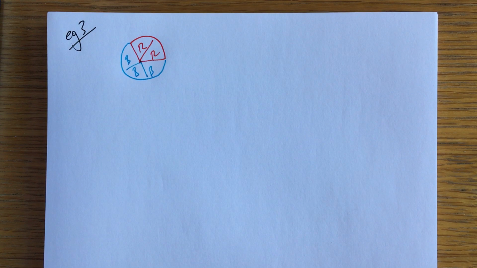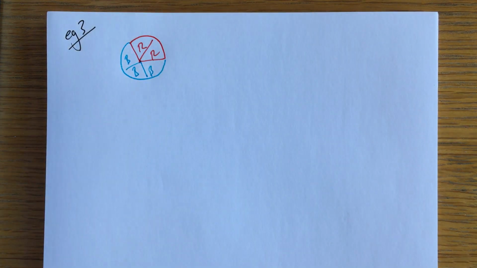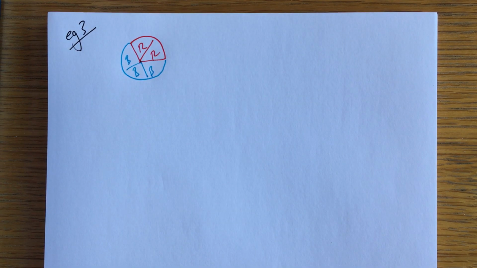So although it doesn't state it, the implication in this question is that all 3 of these are equal size. So we do have to assume that in this case, otherwise it wouldn't be possible to do this question. So find the probability distribution of the random variable s, the number of times the spinner is spun. So this wants us to actually write up the table or the mass function, doesn't matter which, of all the probabilities.